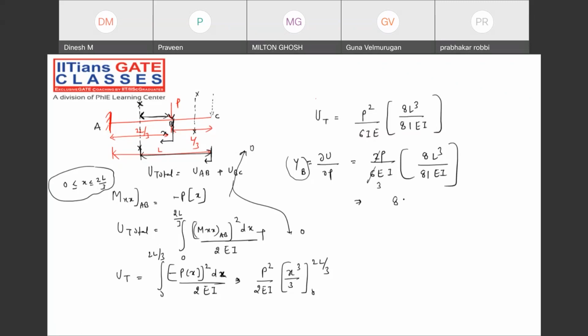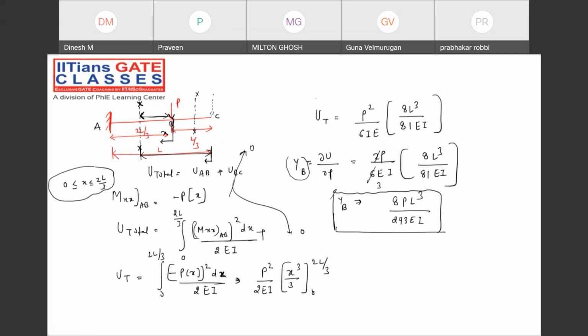So what we can calculate is 8PL cube divided by 243 EI. Yes or no, guys? All of you are getting my point? Please check it out.